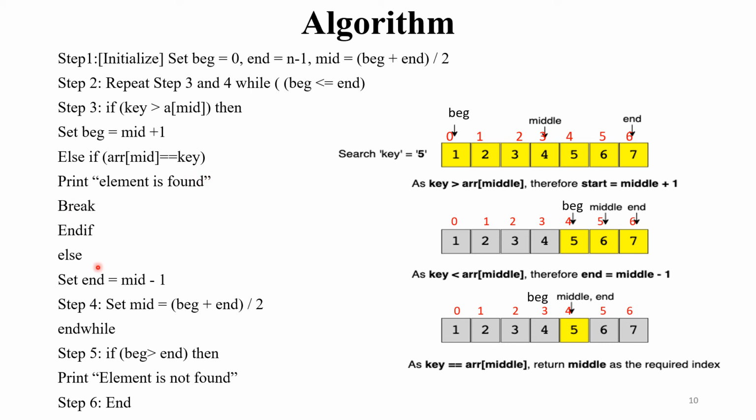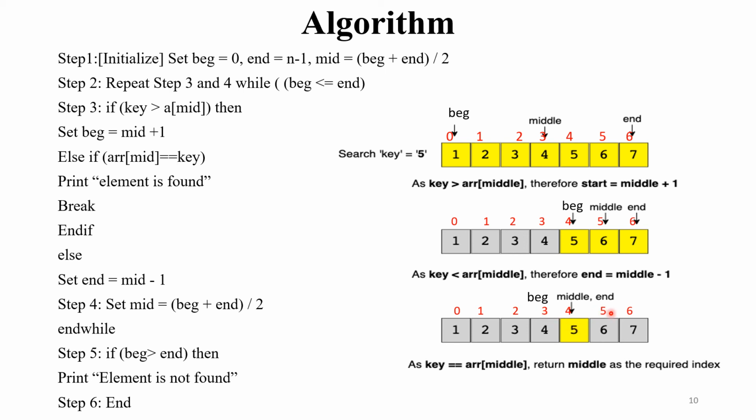Then we jump to the else condition. In the else condition, we shift end to the left side. So end is equal to mid minus 1. Here mid is 5, so 5 minus 1 is 4. So now end points to the fourth position.